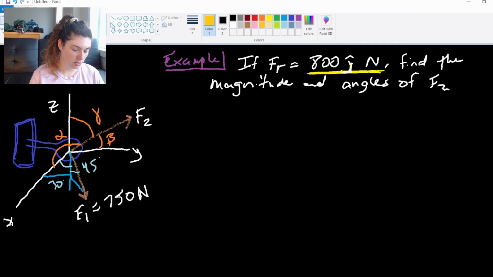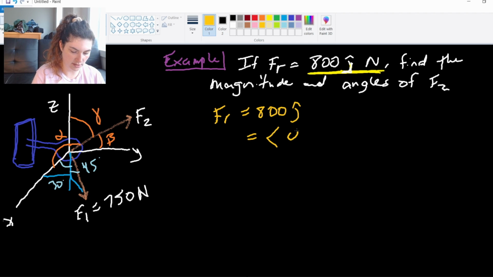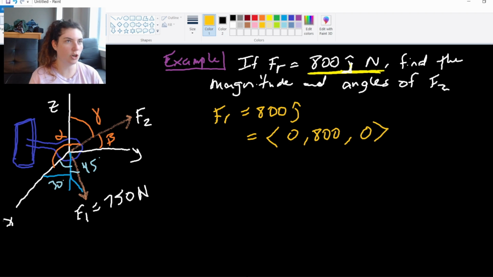So we know that FR is 800 J hat newtons, which we can also write in bracket form as 0, 800, 0. It just really shows us that there's no x component, there's no z component, it's all in the y direction.